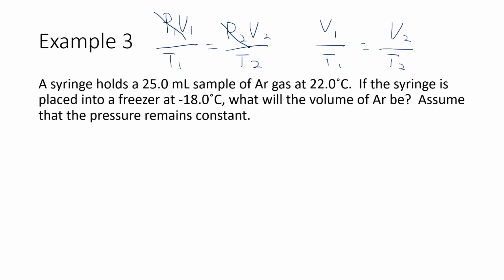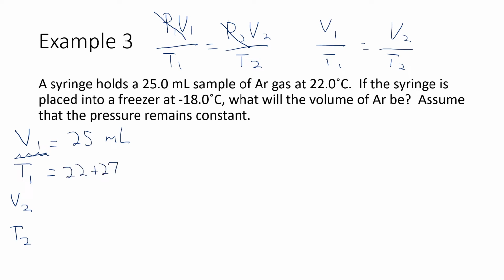Let's make our variable list. We're going to have V1, T1, V2, and T2. Let's see what numbers we have for each. Our initial volume is 25 milliliters. Our initial temperature is 22 degrees C, but again, we don't stop there.